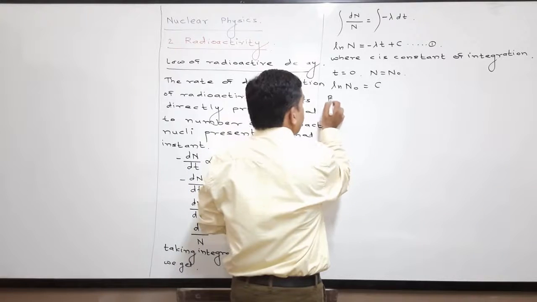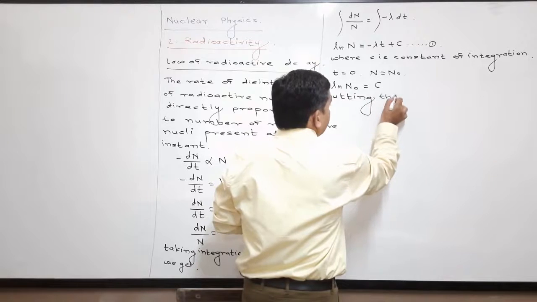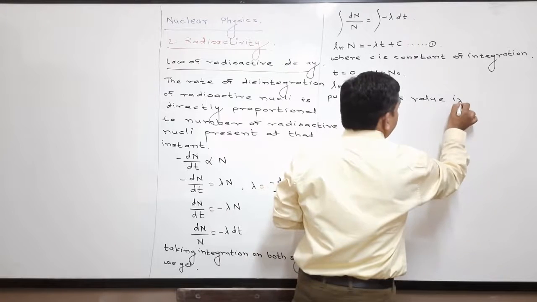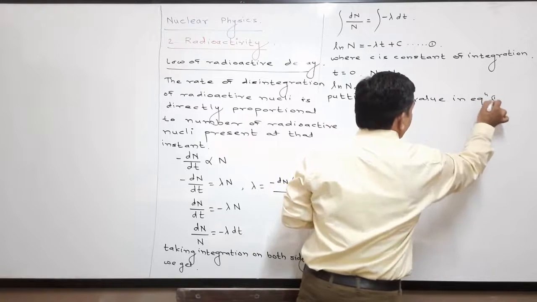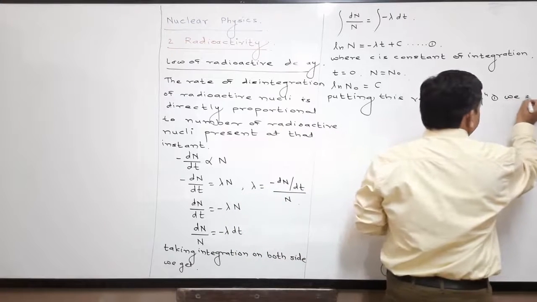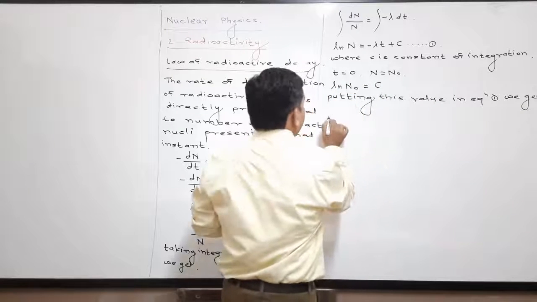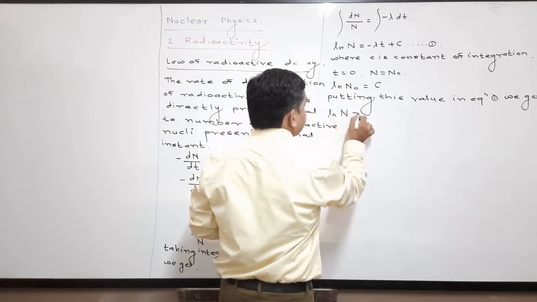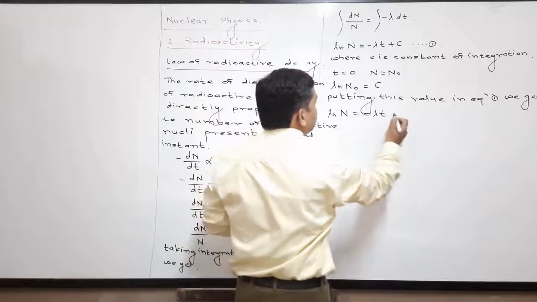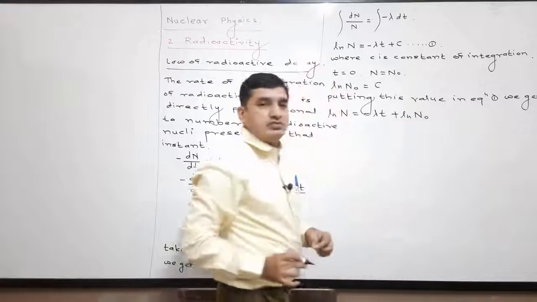Putting this value in equation 1, we get ln of N equals minus lambda into t plus ln of N0.